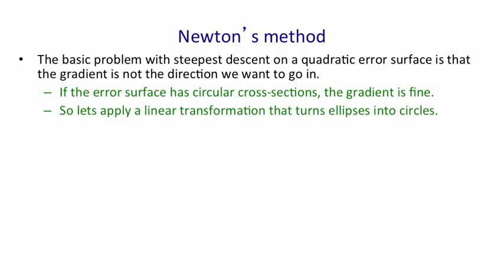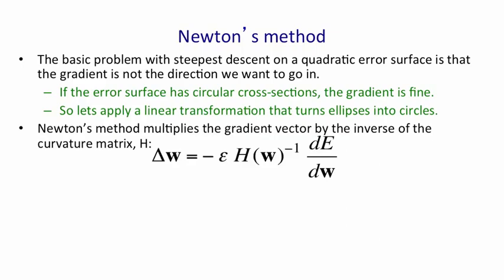So the idea of Newton's method is to apply a linear transformation that turns ellipses into circles. If we apply that transformation to the gradient vector, it will be as if we were going downhill in a circular error surface. To do this, we need to multiply the gradient dE by dW by the inverse of the curvature matrix.